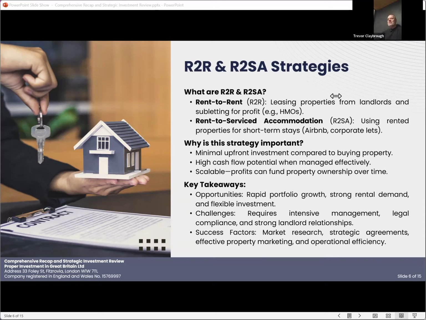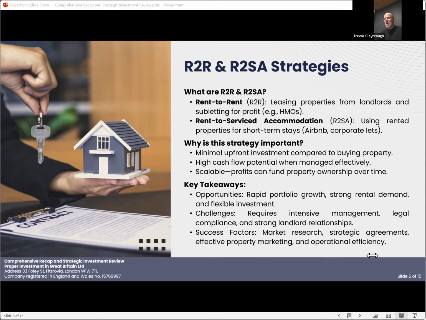So yeah, rent to rent and rent to serviced accommodation are not full-on property investment, but a good way to potentially get started. And we can help people with training on those strategies as well. I've done rent to rent. At one point in time, before COVID, I had 12 rent to serviced accommodation.